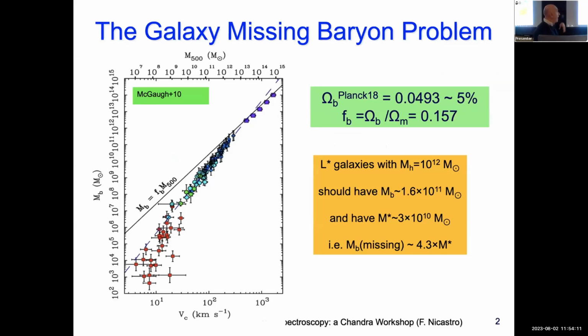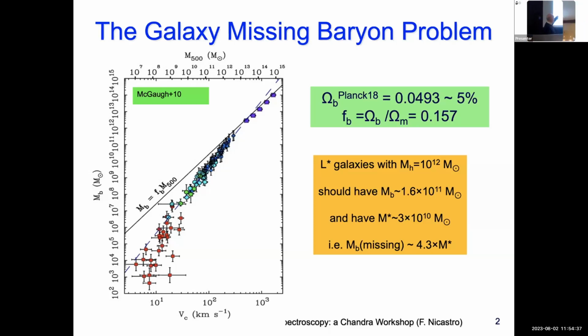of the missing baryons in galaxies. Baryons are really missing everywhere in the universe, but in galaxies, compared to the expected baryon fractions, you recover the expected fractions only at the highest halo masses in groups, but I would say essentially in clusters of galaxies.